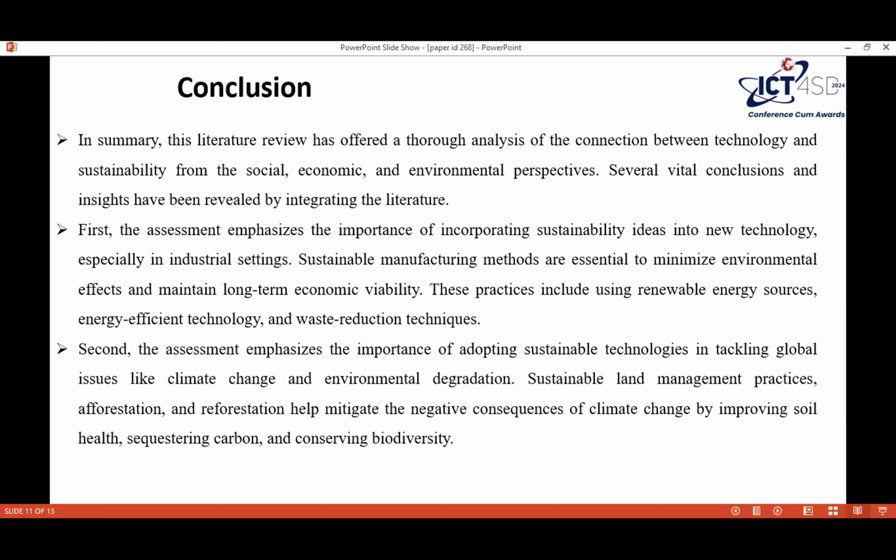And second, the assessment emphasizes the importance of adopting sustainable technology in tackling global issues like climate change and environmental degradation. Sustainable land management practices, afforestation, and reforestation can help to mitigate the negative impact of climate change by improving soil health, sequestering carbon, and conserving biodiversity.